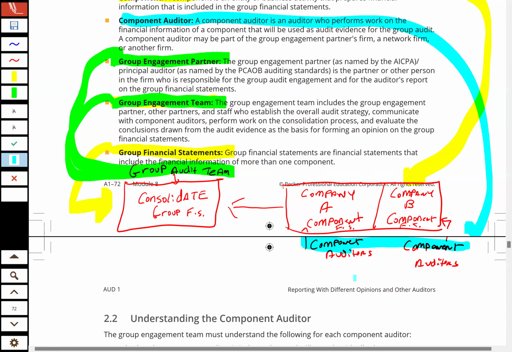For example, the engagement that I was involved in, we were auditing the consolidated financial statements of the federal government, but there were several departments that make up the consolidated. You have IRS, you have public debt, you have Department of Defense in there, you have EPA, Department of Agriculture, all these different agencies that make up the consolidated.